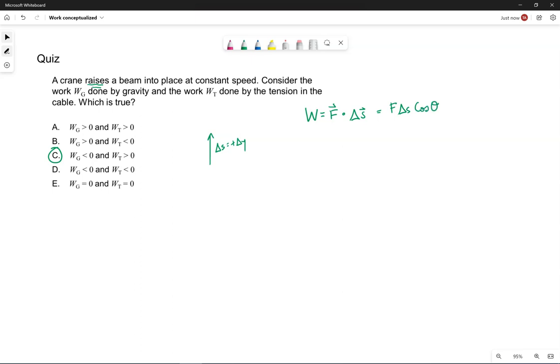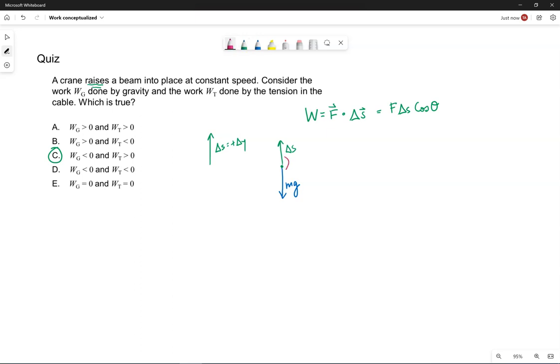When we talk about the work done by gravity, the force of gravity points straight downwards, but our delta S points straight upwards. They are in exactly opposite directions, which means the work's going to be negative.